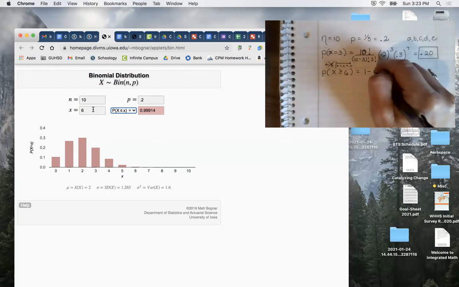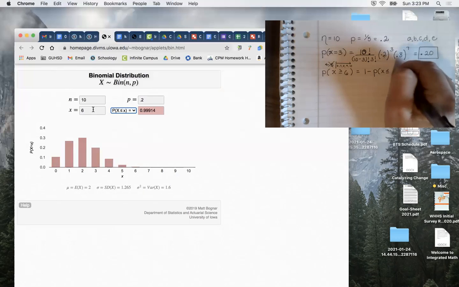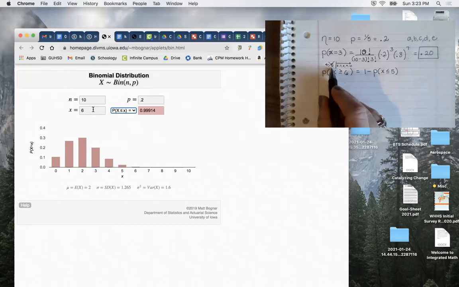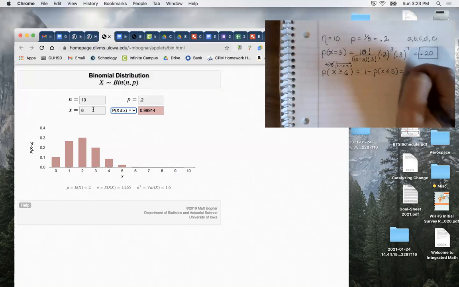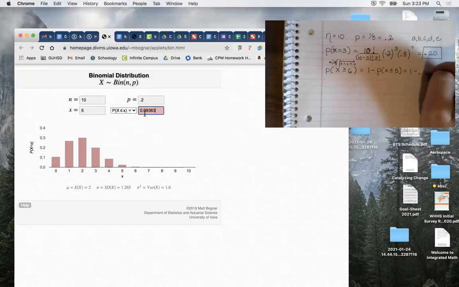I'm going to do 1 minus the probability of x less than or equal to 5, because I want to get rid of up to 5 and below. So that's what I'm going to do. 1 minus this probability up to 5. So I'm going to change this now to 5. And that is what we get. 1 minus 0.994, essentially.